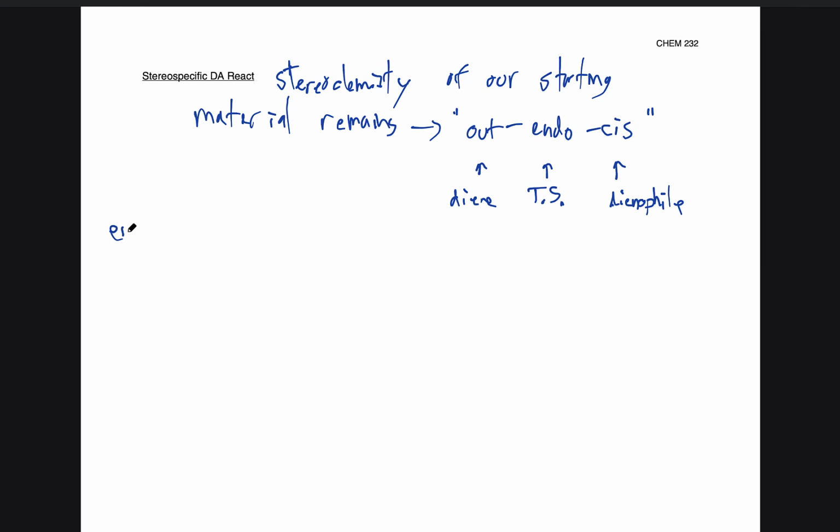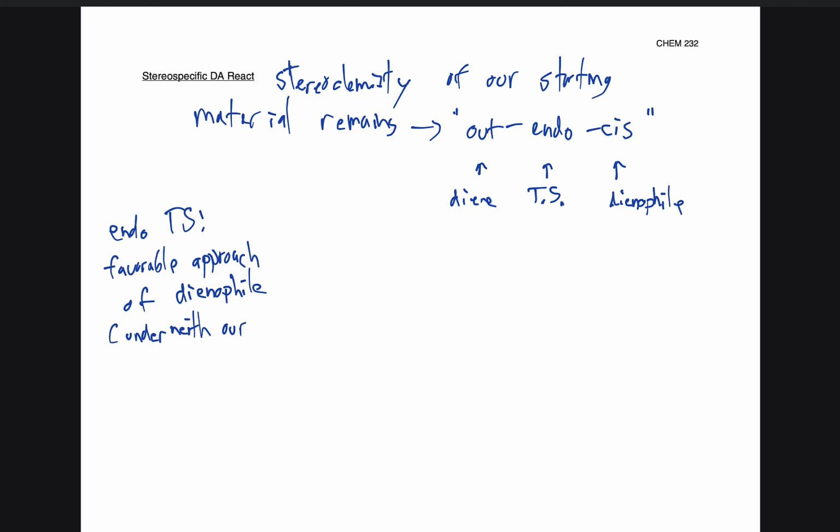So when we look at the endo transition state, what this means is, right, it's sort of this in-between state of starting materials and products. It is the favorable approach of the dienophile, which is underneath our diene.